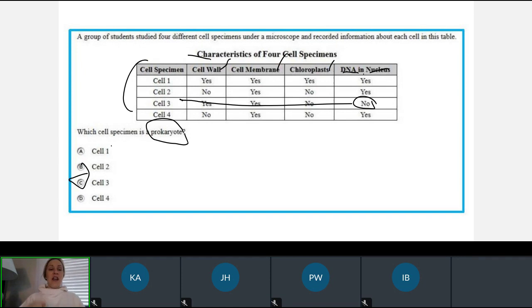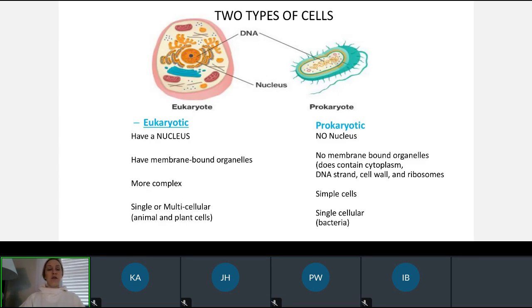If you take what you know, a prokaryotic cell does not have a nucleus, we can eliminate reading that whole chart other than that one column. Okay. So there we are. That's a good thing to screenshot. If you are keeping screenshots in a OneNote or a Microsoft Word document, do that right now.